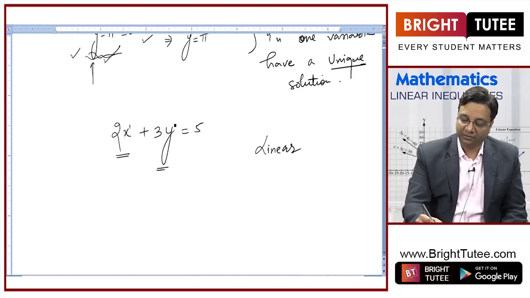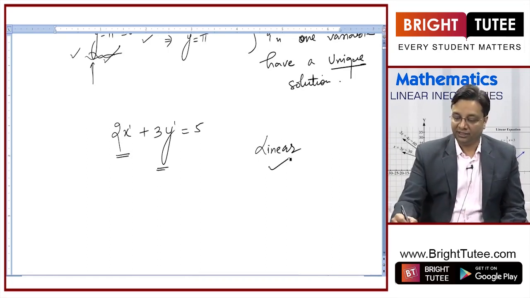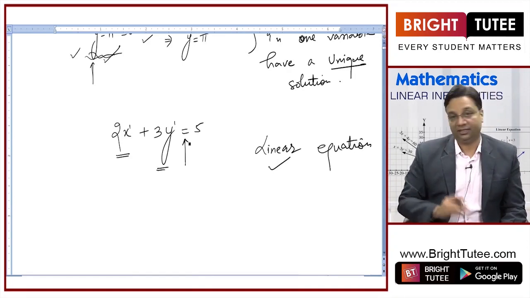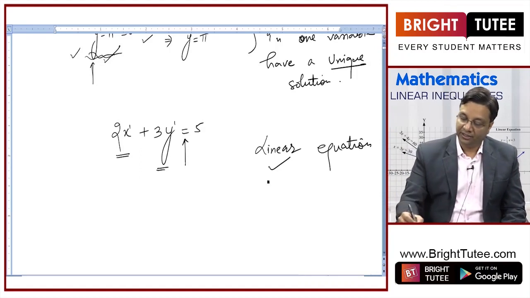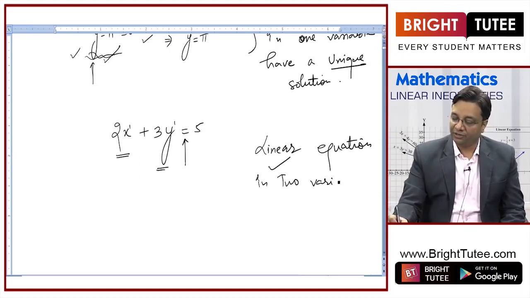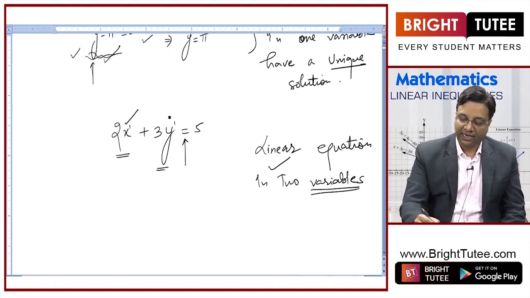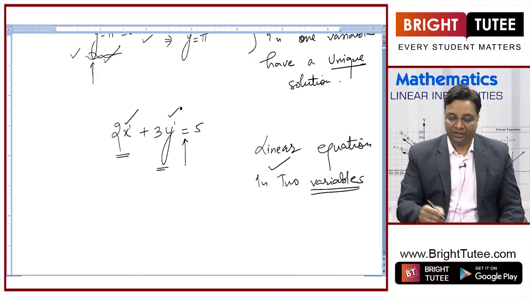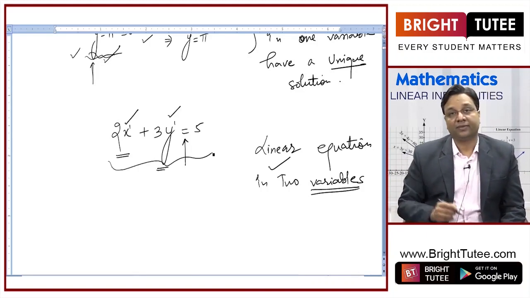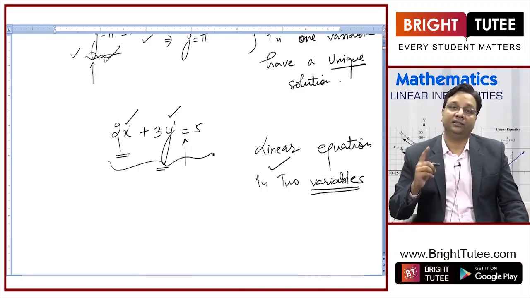What is power of variable y? It is 1. So yes, it is linear. Is it an equation? Yes, it is equal to 5. It is an equation, right? In two variables. So how many variables are involved in this equation? x and y, that is two variables. So this is a linear equation in two variables.